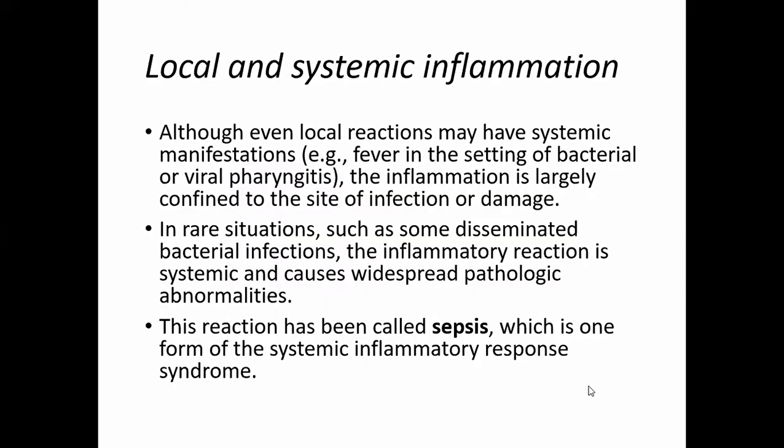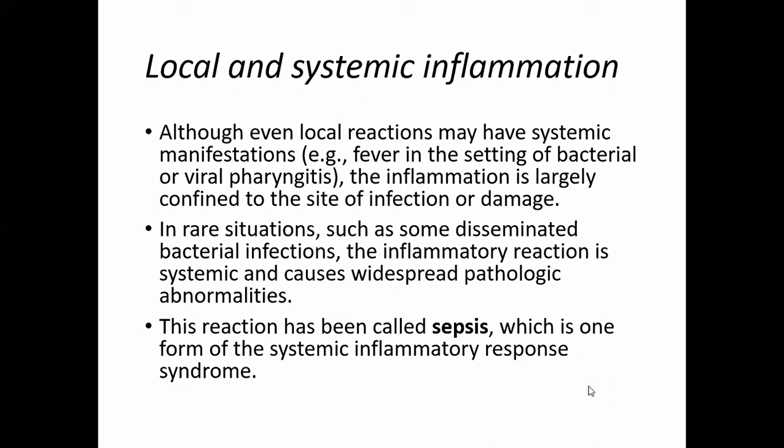So for local and systemic inflammation, these are the inflammatory responses to a localized infection or tissue damage. An example of this is fever. Although the local reaction has systemic manifestations, the inflammation is still confined to the site of infection or damage.